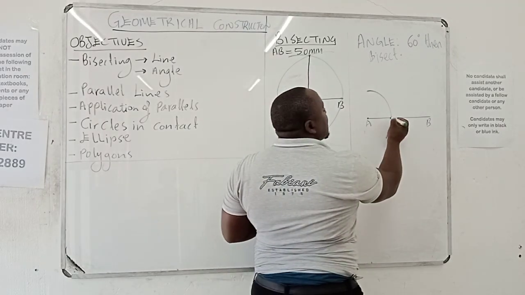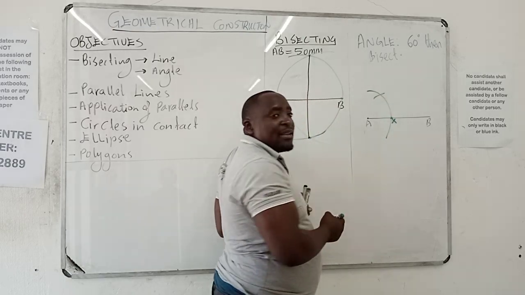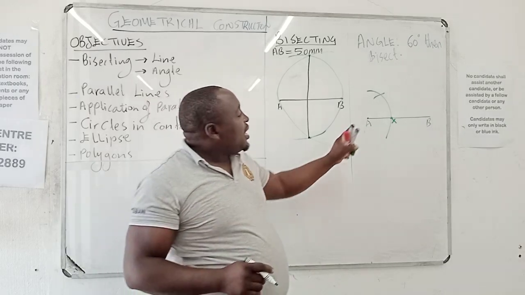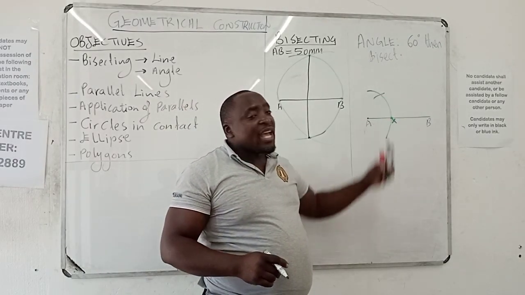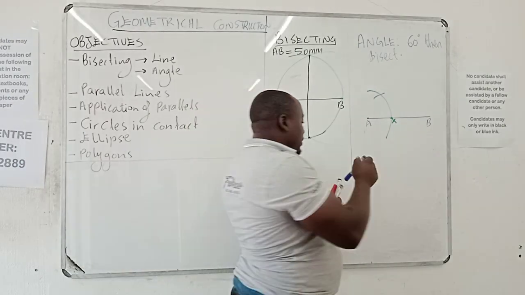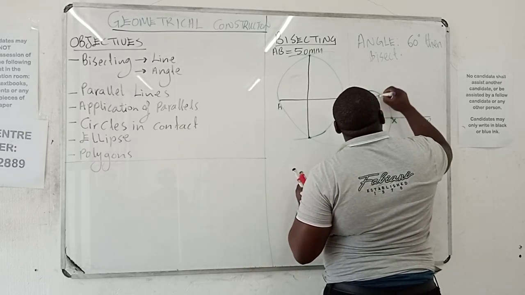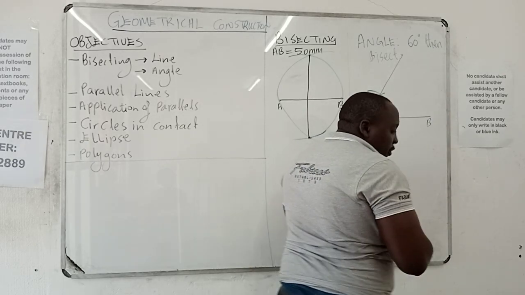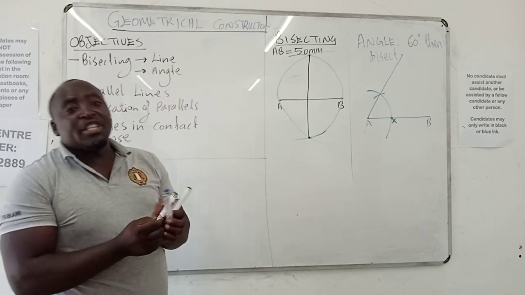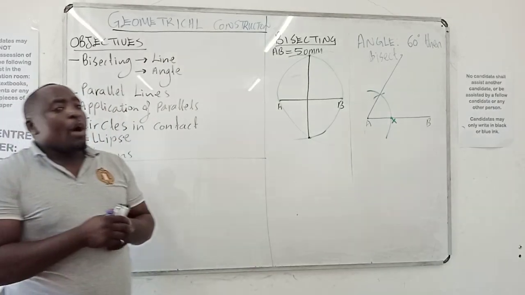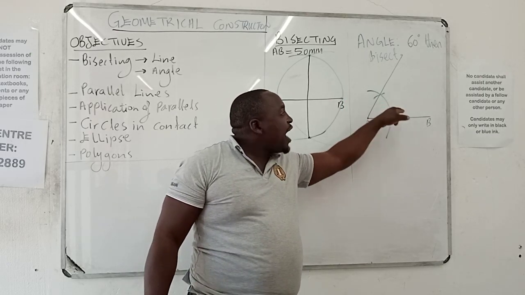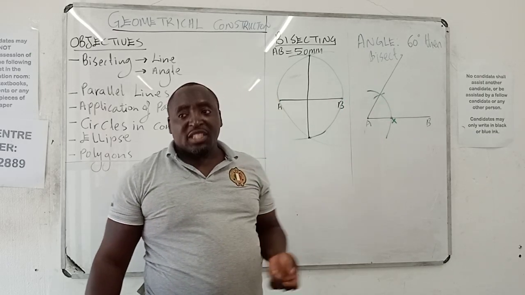Come to X and cut that line. Once you maintain the radius, it means the angle you have drawn is 60 degrees. So, you draw a line passing through that point to give you a 60 degrees angle. That is how you draw a 60 degrees angle: open the compass, draw an arc, same size, come to X, cut, and it gives you the angle of 60 degrees.